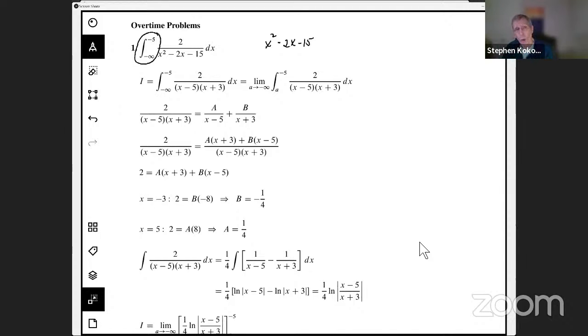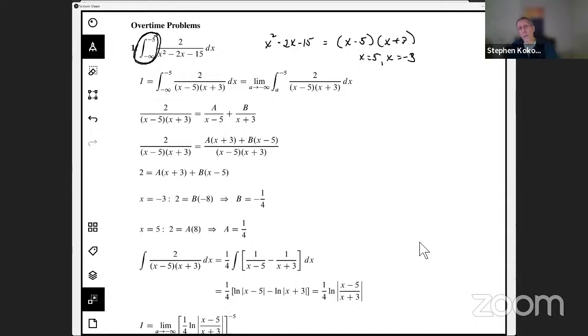I want to check if that expression is ever equal to 0. And in fact, it factors as x minus 5 times x plus 3. That tells me that the zeros are x equal to 5 and x equal to minus 3. Neither one of those values is in this interval, so I don't have to split this up into 2 separate improper integrals.